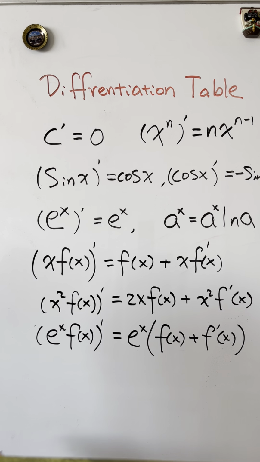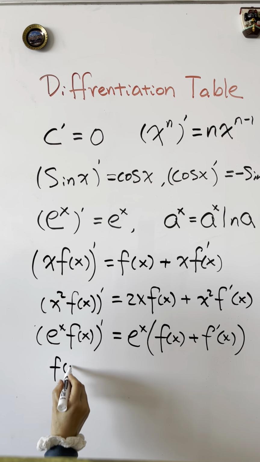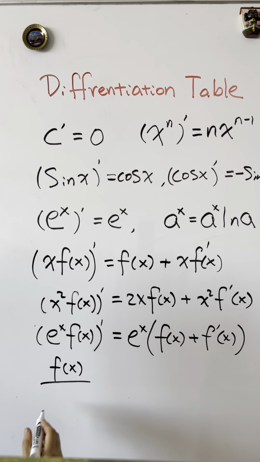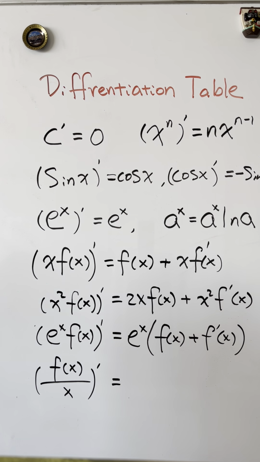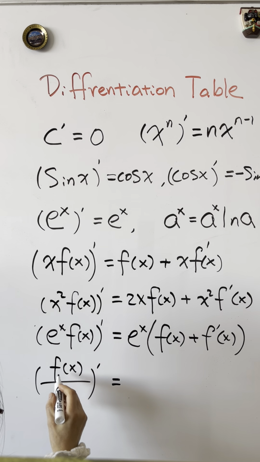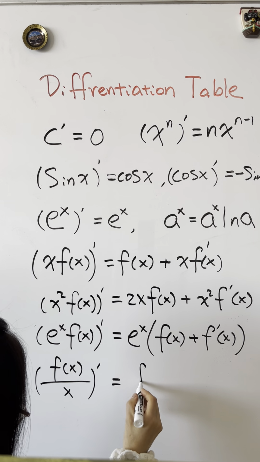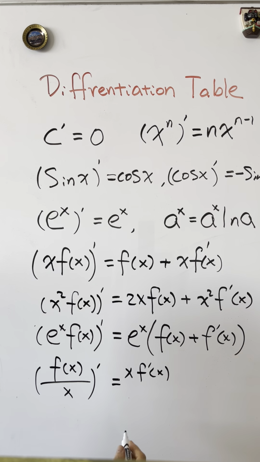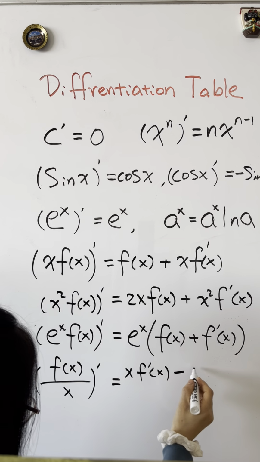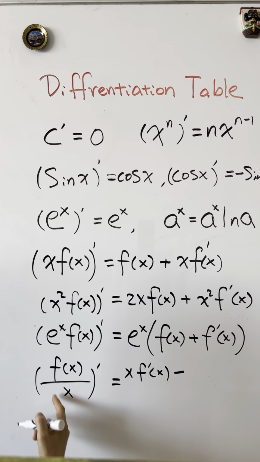Then with a quotient, let's say we have f of x divided by x. By the quotient rule, we have the derivative of the numerator, f prime of x, times the denominator, x, minus the numerator, f of x, times the derivative of the denominator, which is just 1.